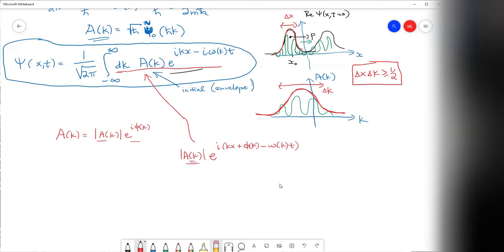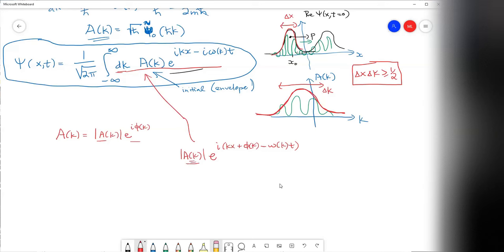And if you're integrating some crazy oscillating thing, for the most part it's going to cancel out. The integral of a crazy oscillating thing is 0. It's going to be as much positive and negative, like a sine wave oscillating like crazy.